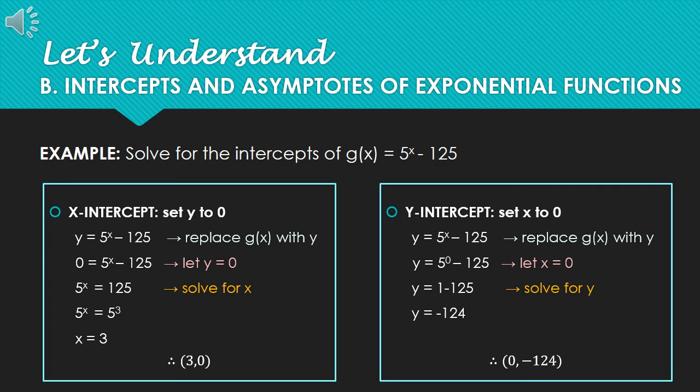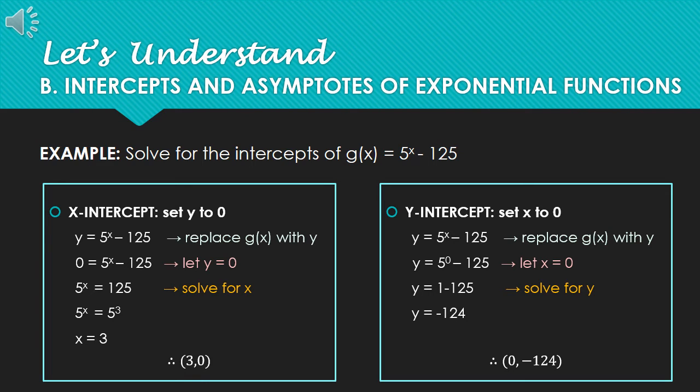So for example, solve for the intercepts of g of x equals 5 raised to x minus 125. So in finding the x-intercept, we set y to 0. So for our equation g of x equals 5 raised to x minus 125, we don't have y yet. So we replace g of x with y. So we have y equals 5 raised to x minus 125.